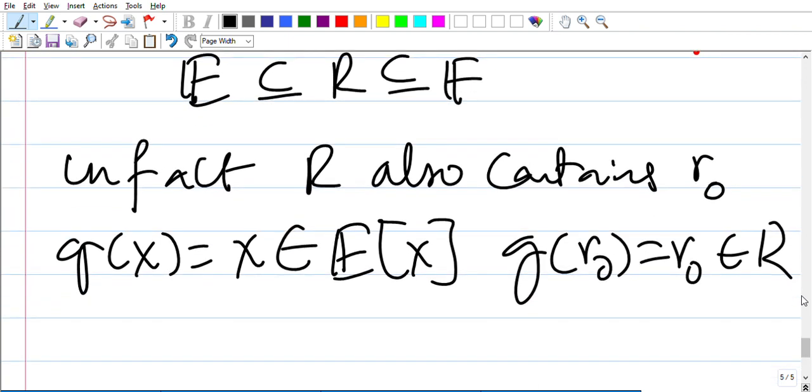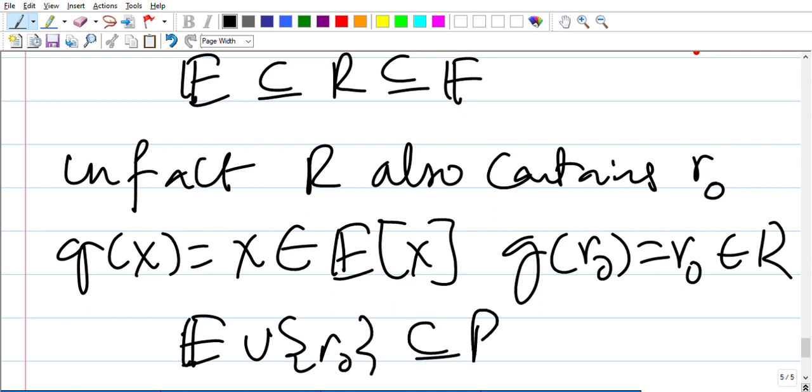So R is a ring which contains both E as well as r0. So E union the singleton r0 is actually a subset of R.